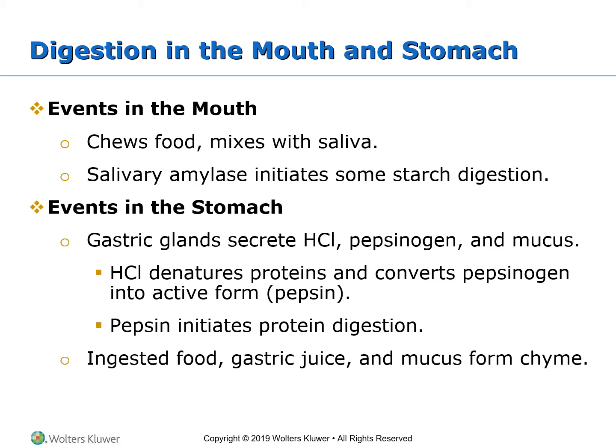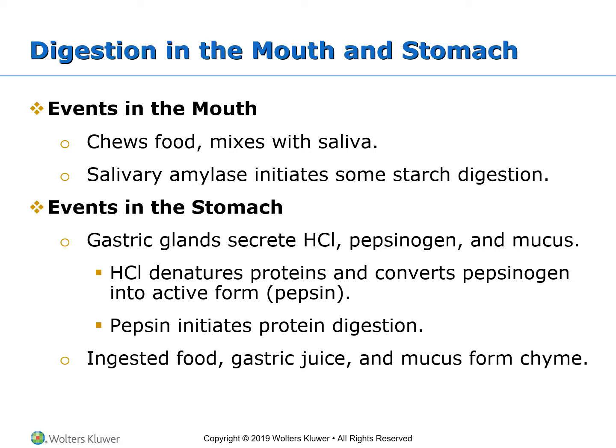And what is activating it is the hydrochloric acid. So once I'm eating a protein-rich type of meal, the hydrochloric acid will be stimulated. That will change the pepsinogen in the gastric juices into pepsin, increasing the ability of the stomach to digest proteins.